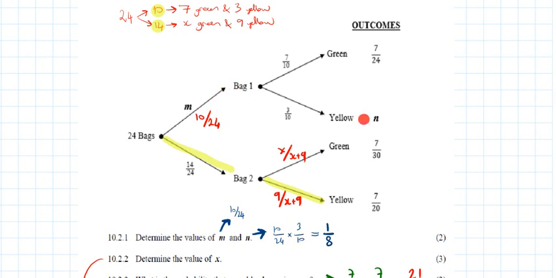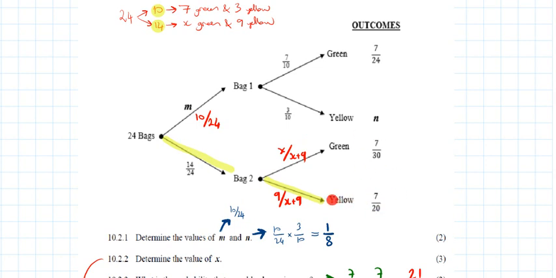Now, how do you find x, that number of green marbles in the second type of bags? That's the remaining 14 bags. Because this has x green, 9 yellow, how many marbles altogether? x plus 9. So choosing green is x over x plus 9. Choosing yellow is 9 over x plus 9. And we know the final probabilities. I will select the yellow route, because that's easier.